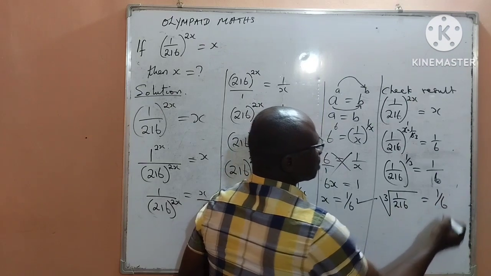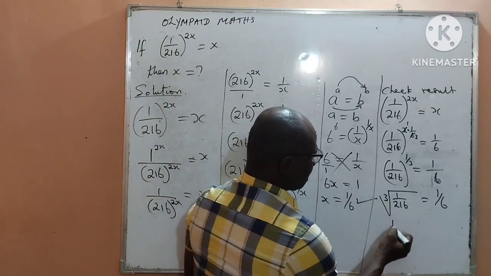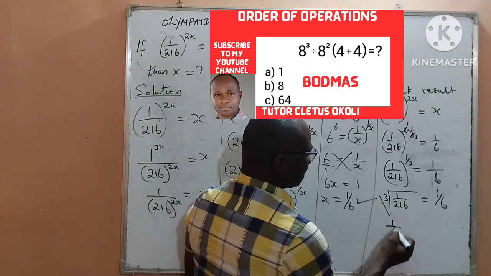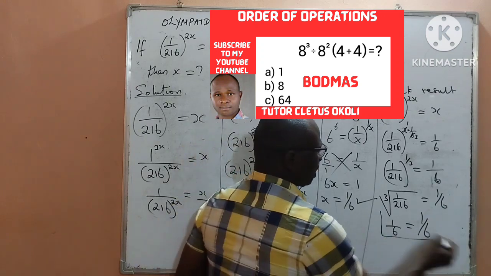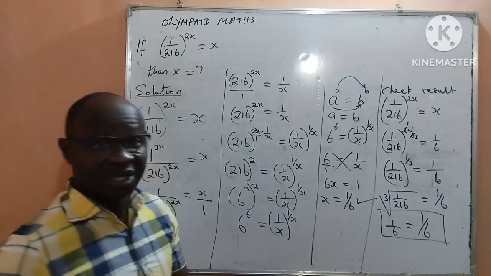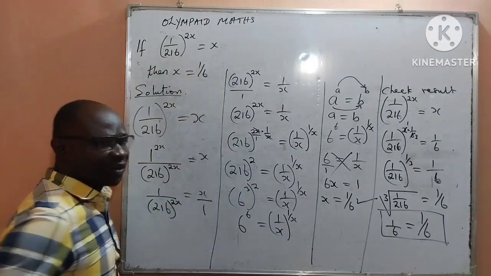Will this give us 1 over 6? The cube root of 1 is 1, and the cube root of 216 is 6. Therefore, the left hand side is equal to the right hand side, authenticating the answer that we have gotten, that the value of x is equal to 1 over 6.